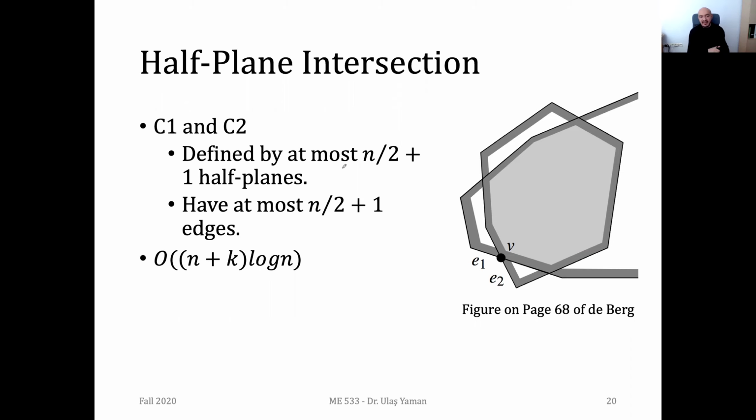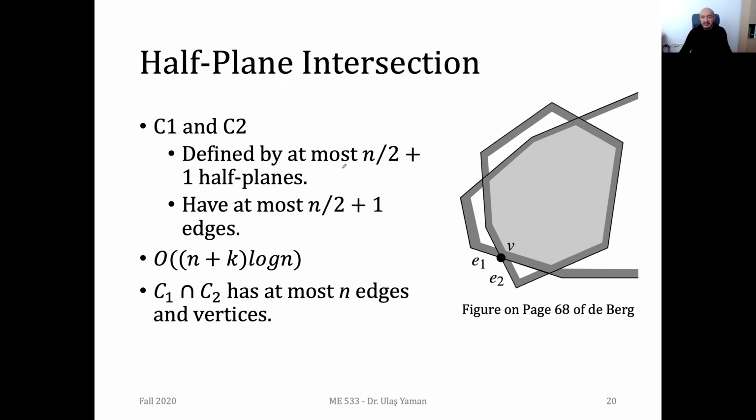We will take it for granted. I'm not going to spend time on the derivation of this, but we can assume that such algorithms exist and they can find this intersection in roughly linear-logarithmic time. And once you take the intersection of these two regions, you may have at most n edges, which is equal to our number of half planes.